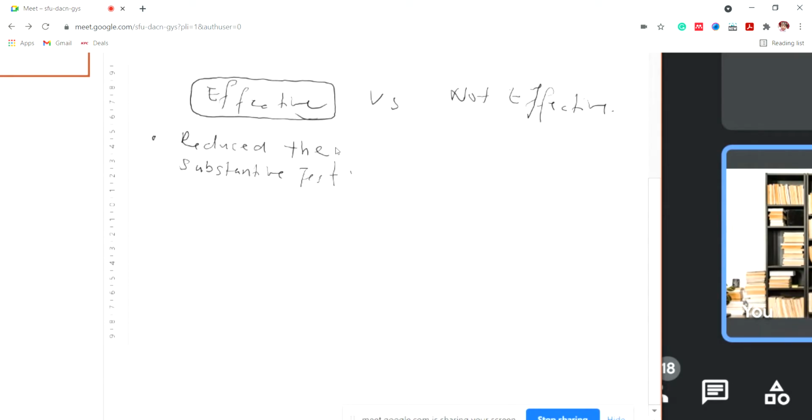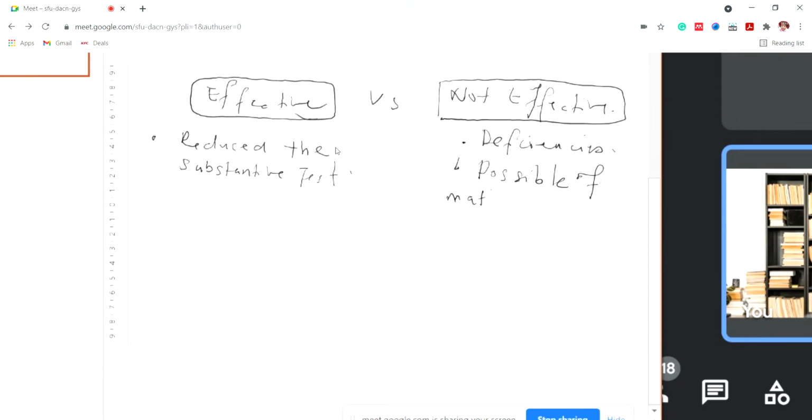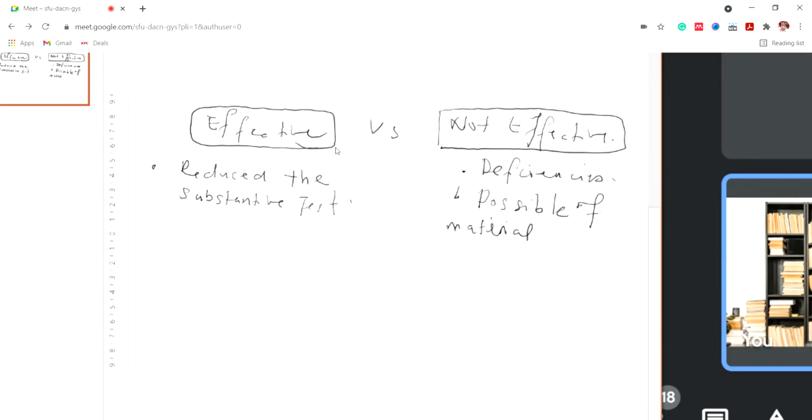Okay, if the system is not effective when you have tested the system, you will identify the deficiencies. When you identify deficiencies in the system, this creates the possibility of material misstatement.